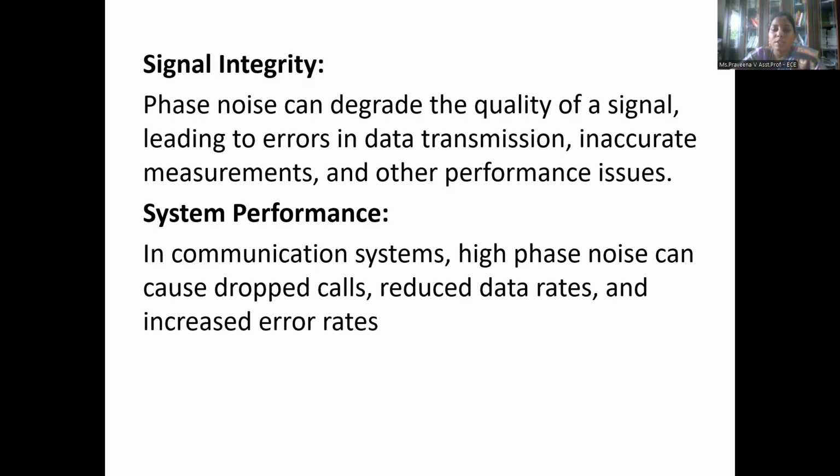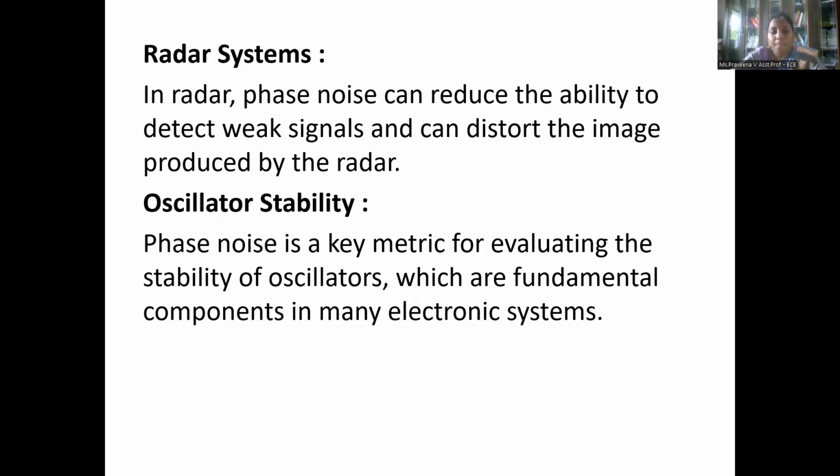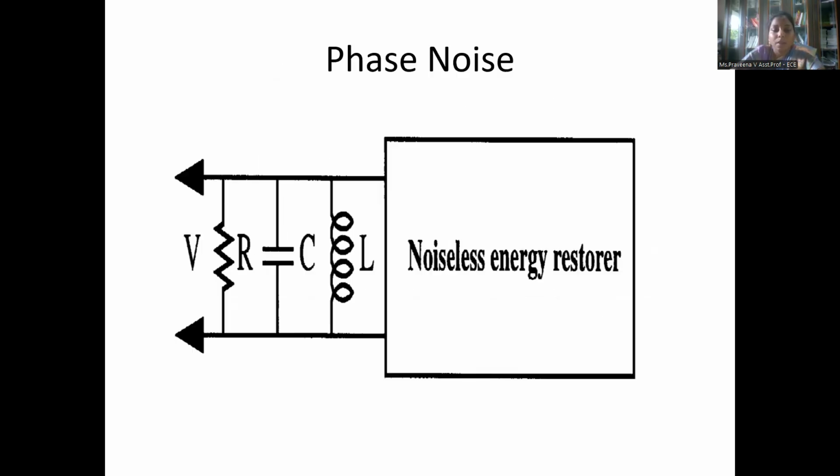It is also an important measure of oscillator stability, since low phase noise indicates a more stable and reliable frequency source in electronic systems. So next are signal integrity, system performance, radar system, and oscillator stability.